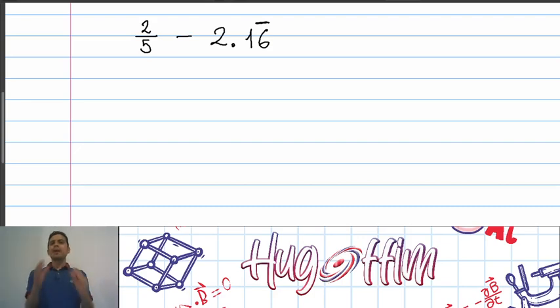Remember that dividing by 5, it's easy to understand as a fraction because it's always 0.2. So if you divide by 5, it's 0.2, 0.4, 0.6, 0.8, and 1. In this case, it's 2/5, which is only 0.4. So it's quickly calculated that 2/5 is 0.4.